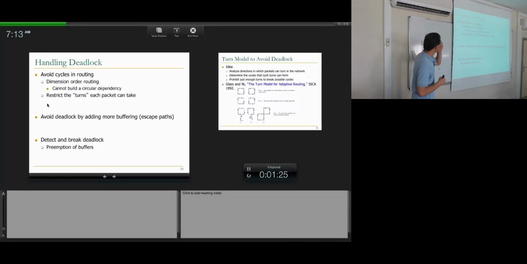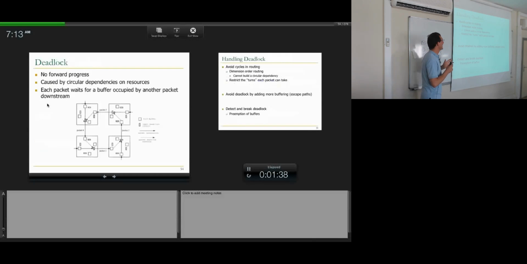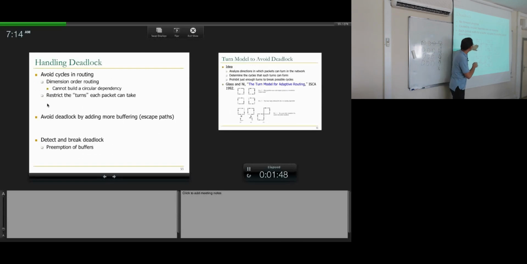There are three fundamental ways of, I think, handling deadlock. There's a fourth one again. You can tell me what it is. First, you avoid cycles in routing. Whenever you design your routing algorithm, you ensure that you can never build the circular dependency. And XY routing, actually, I will ask you to think about it if you're interested in this. XY routing has that property.